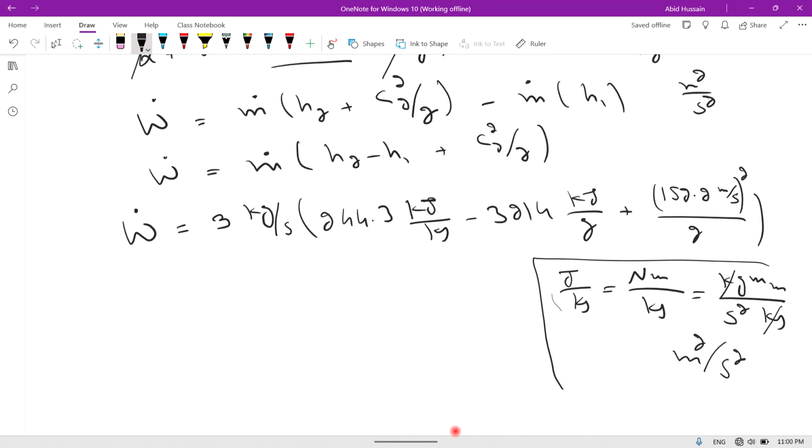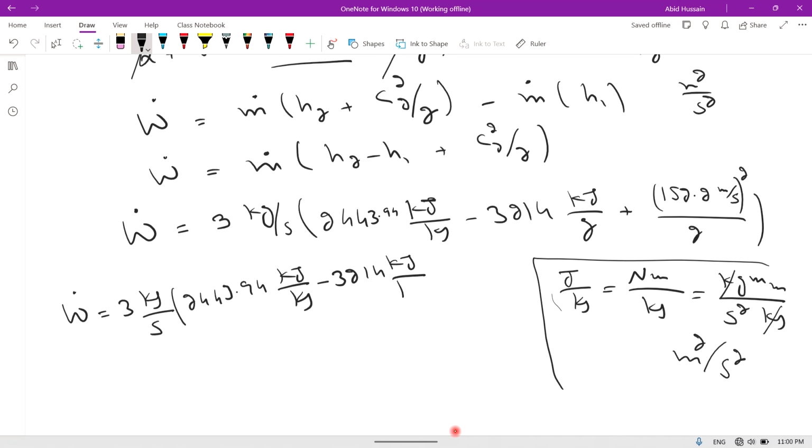So W dot is equal to 3 kilogram per second, times 2443.94 kilojoule per kg minus 3214 kilojoule per kg. Now here these values are kilo, so to convert this into kilo, divide by 10 to the power 3 and write here kilo.